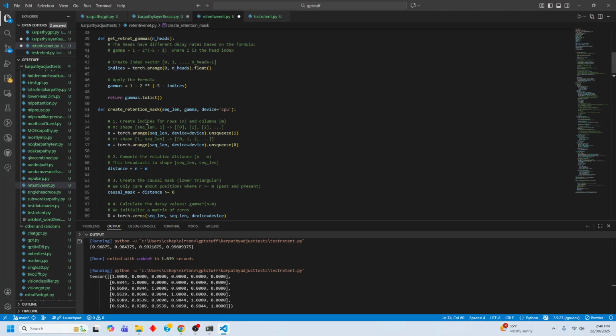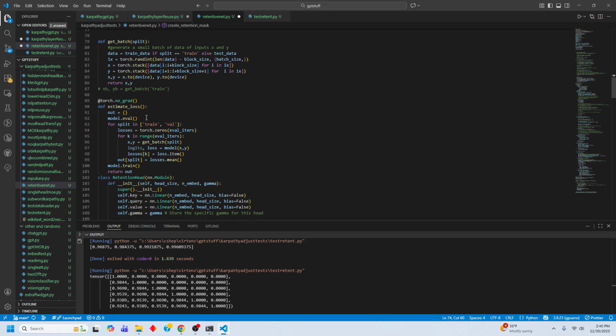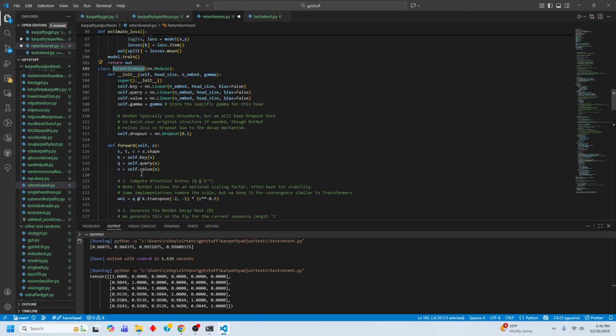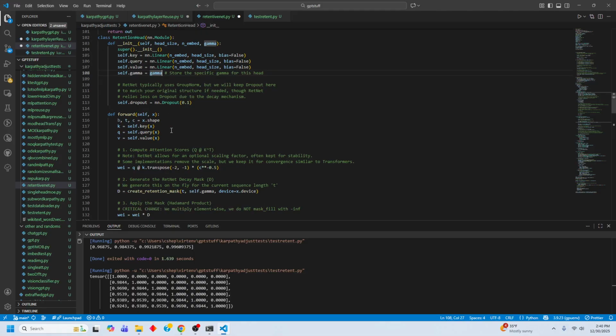So you have those functions, and you apply them in the retention head. You'll have a gamma as an extra parameter in your self-attention head. Set self.gamma equals gamma.